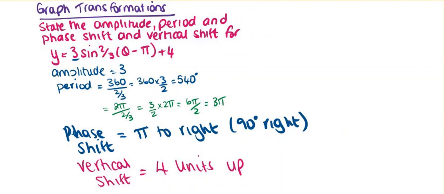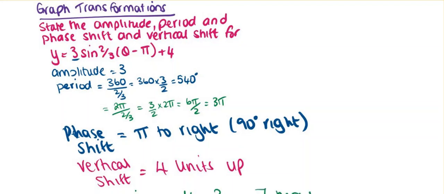Now to graph, we need to find the midline. The midline is going to be based on the amplitude. So we've got 3 units up and 3 units down from the 4. So we have to do 4 plus 3, so it's going to be at 7.